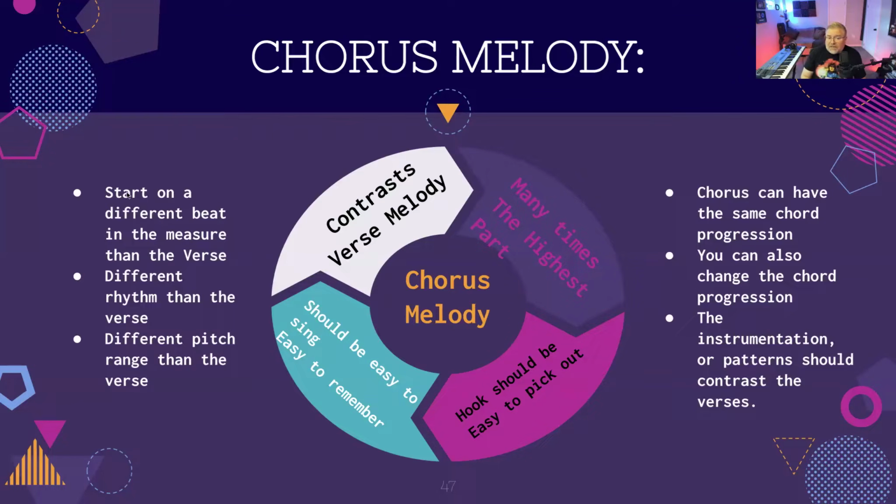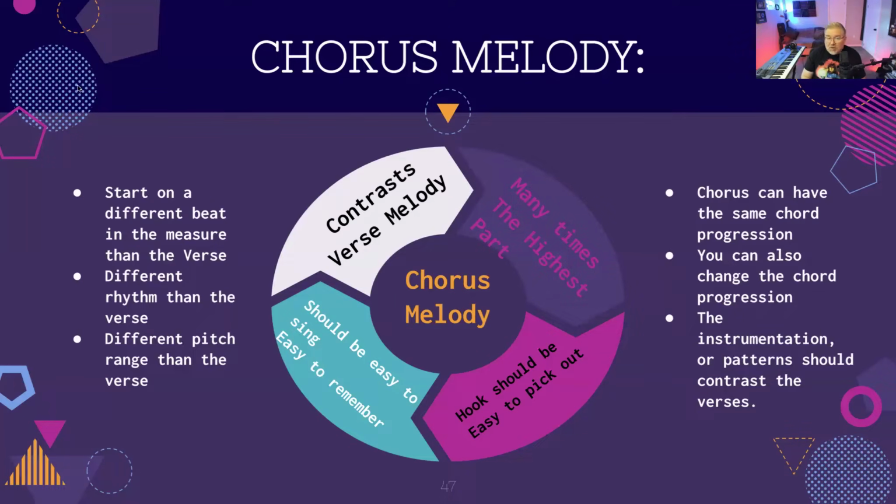Also, your chorus melody can start on a different beat in the measure than your verse. So if you're starting on the downbeat in your verse, maybe start before the downbeat or after the downbeat in your chorus. Make it sound different. Use different rhythm patterns than your verse. Use different pitch ranges than the verse.